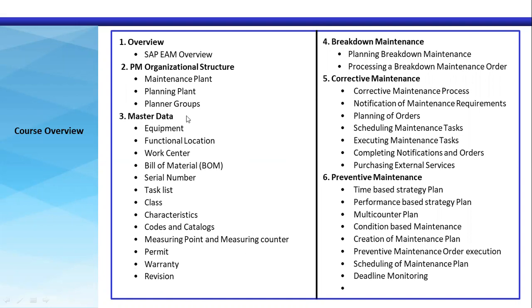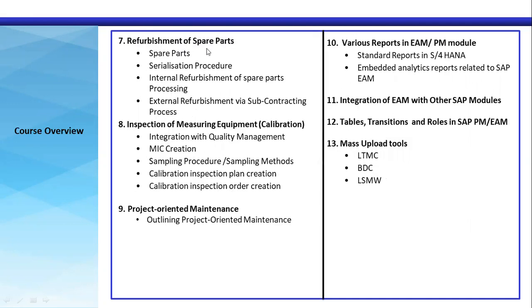After that, we will see different types of business processes in SAP plant maintenance, starting from breakdown maintenance, corrective maintenance, preventive maintenance, refurbishment of spare parts, and inspection of measuring equipment, that is nothing but the calibration process. It is the integration of SAP plant maintenance with the SAP quality module. Then we'll see project-oriented maintenance and different types of reports.